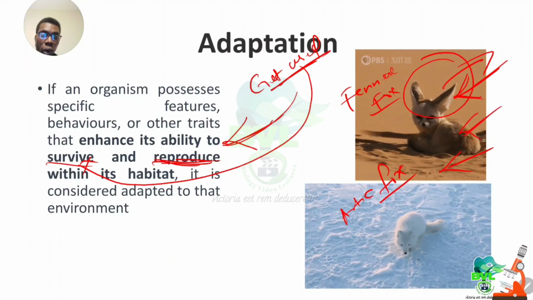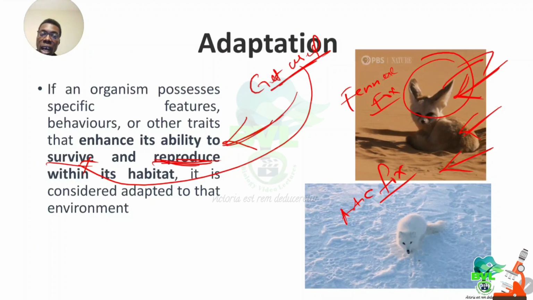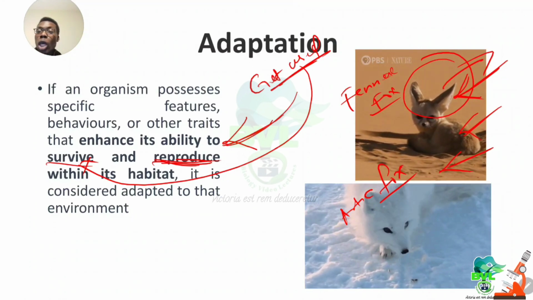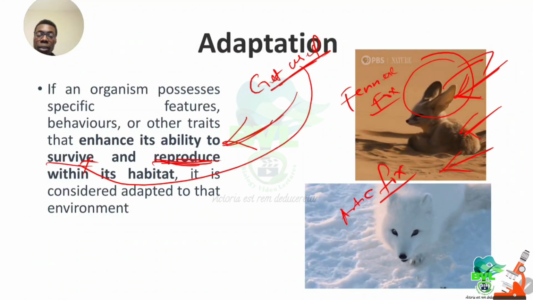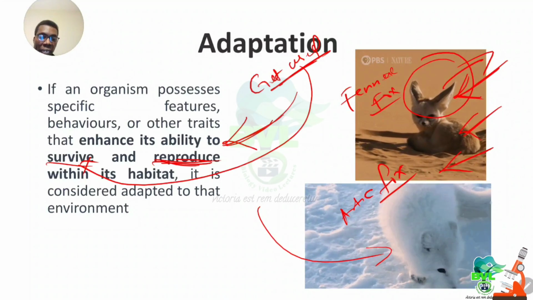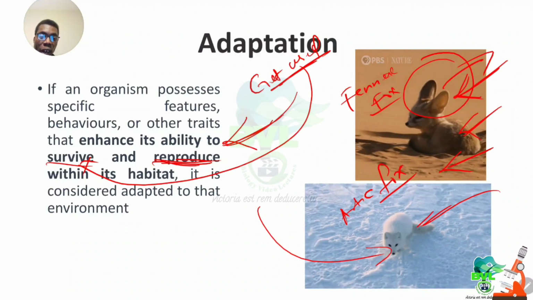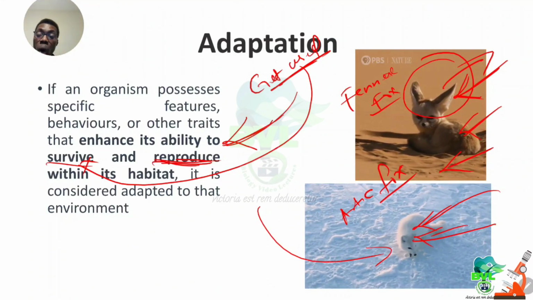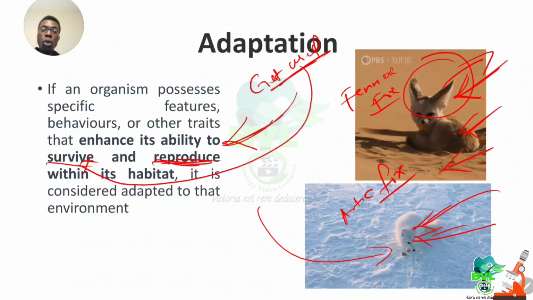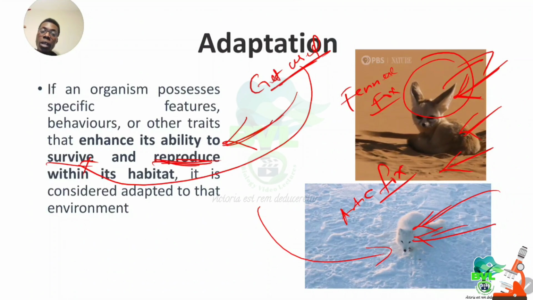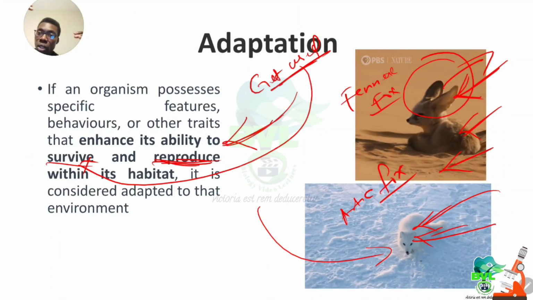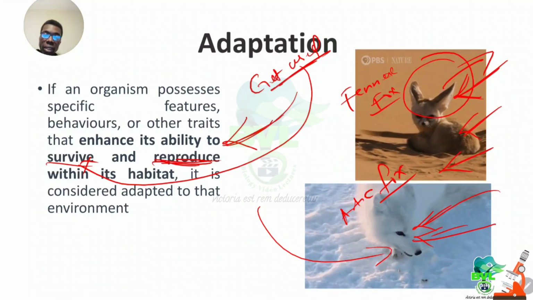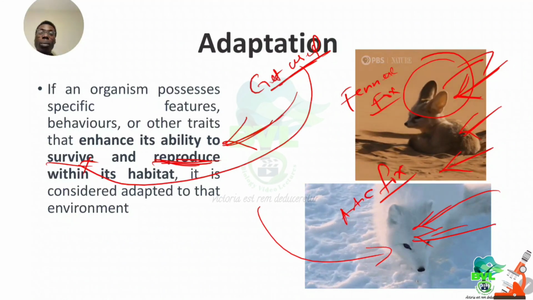Also, if you look at the fur, it's thinner because it doesn't want to conserve temperature, rather it wants to lose heat. On the other hand, the Arctic fox has a smaller ear. Why? Because it's trying to conserve heat. Then it has a thicker fur, also to serve as insulation against the cold environment. Now, both of them have something.